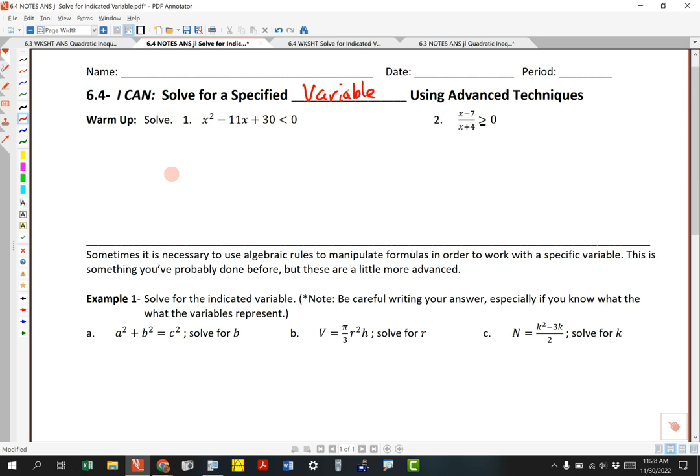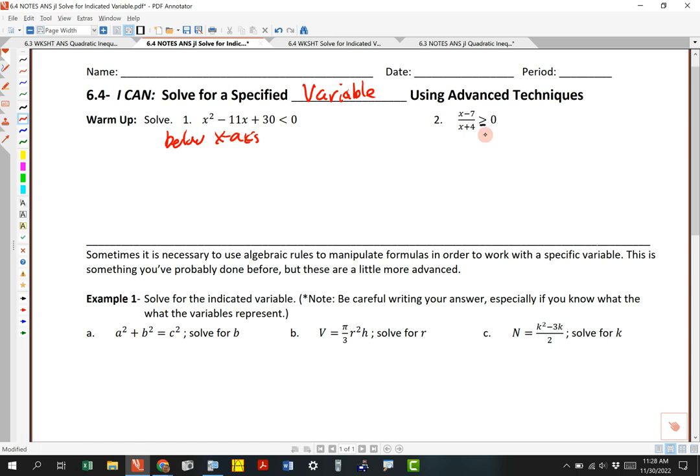And on this one right here, just to review what we did yesterday, because this says less than 0, if we're going to graph this, we want this below, or could it be on? Could this be on the x-axis? Yes. So just below the x-axis.